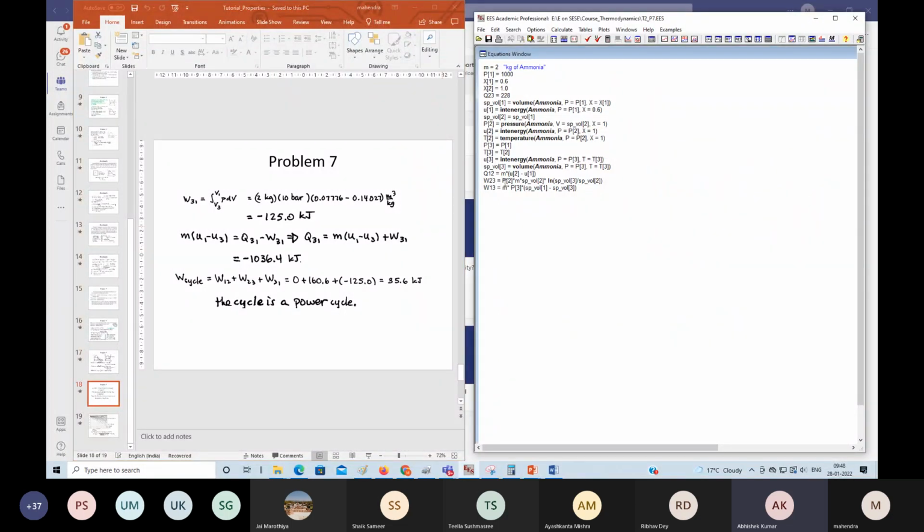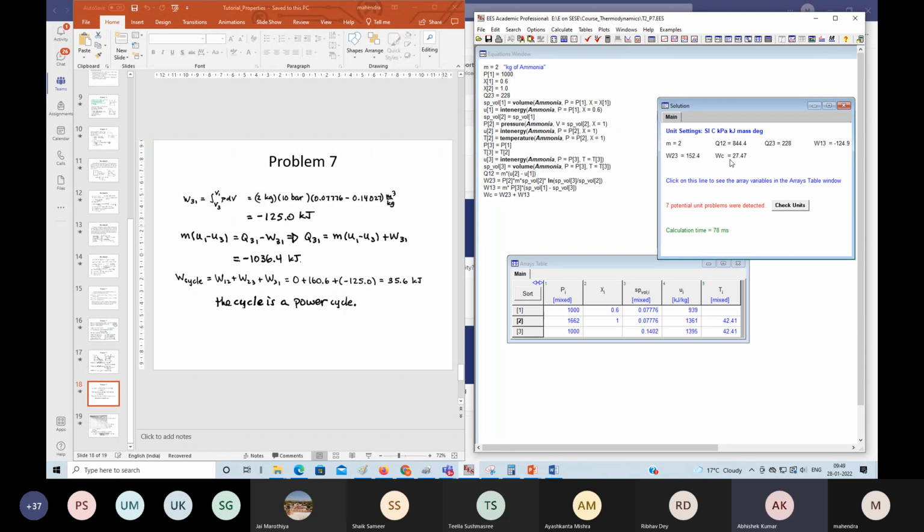Anyhow, W12 is 0. So W of the cycle equals W23 plus W13.